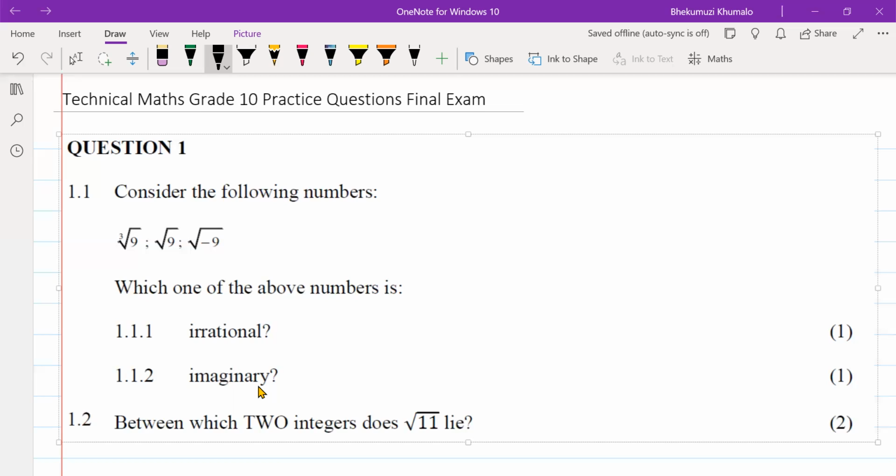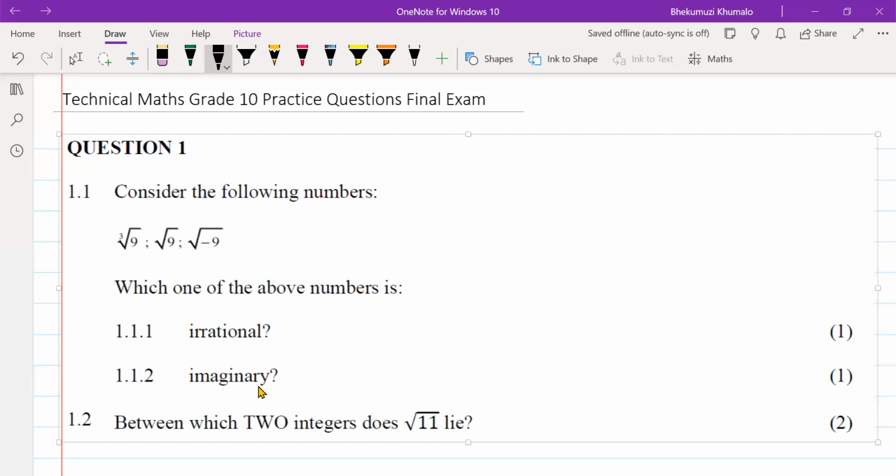So it is definitely rational. And then square root negative 9 cannot be irrational as well, because it's a different type of number. And the type of number that it is, we call it a complex number, right? Because it has a negative inside the square root.